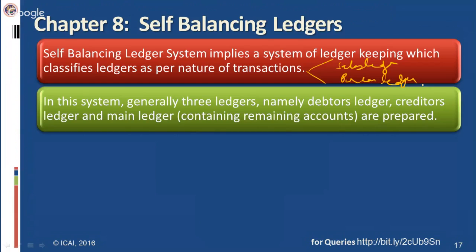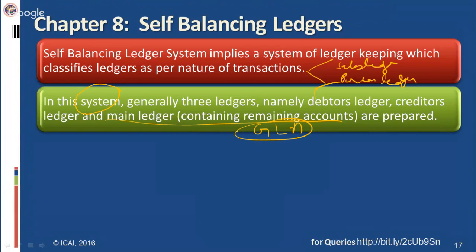What happens in this self-balancing system? Generally, there are three ledgers: debtors ledger. I have told you that sales ledger or debtors ledger is one and the same thing. Debtors ledger is called sales ledger. Creditors ledger is called purchases ledger. And the main ledger is the general ledger. GLA is also called general ledger adjustment account.